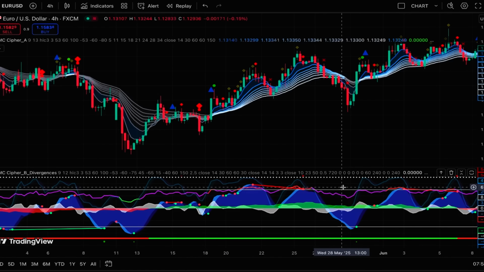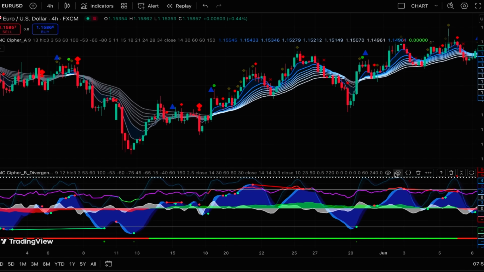This white line here is the overbought level for RSI and stochastic, and this white line here is the oversold level. For RSI and the stochastic oscillator, the indicator also shows divergences, which is off by default, and if you need divergence signals from RSI and stochastic, you can turn it on in the settings of the indicator.